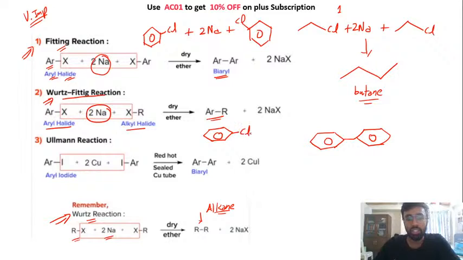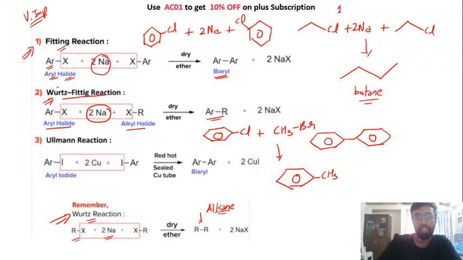This is one reagent, and the next is CH3 halide. These are the two different halides: this is the normal alkyl halide and this is the aryl halide. From this you will get this as the final product. This reaction is known as your Wurtz-Fittig reaction.